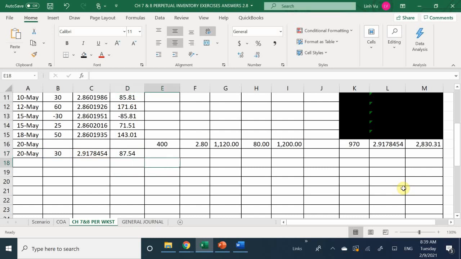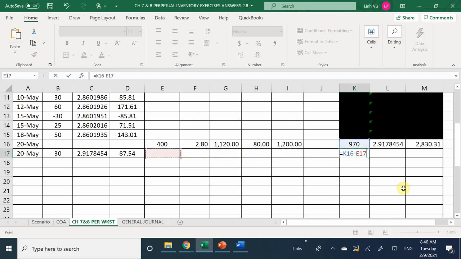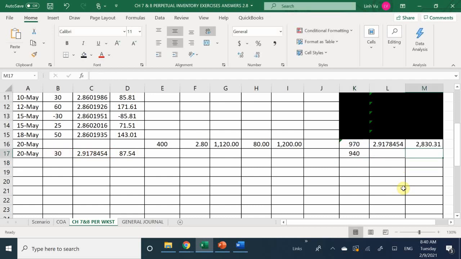Good. Of course, now I subtracted out 30. So what is going to be my new quantity? Okay. And what's my new total cost?